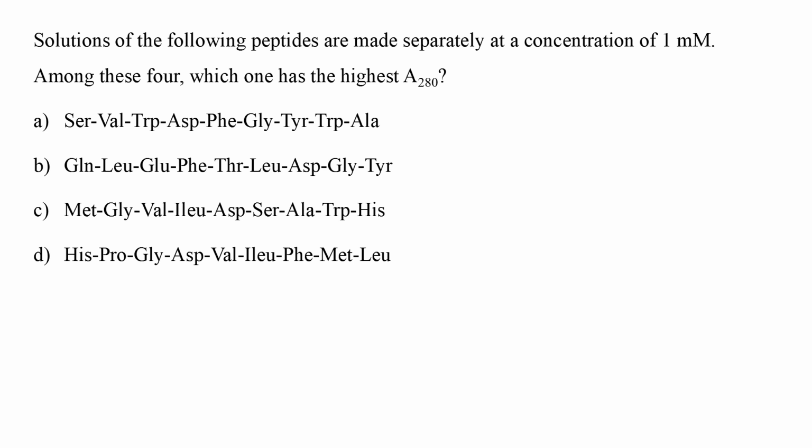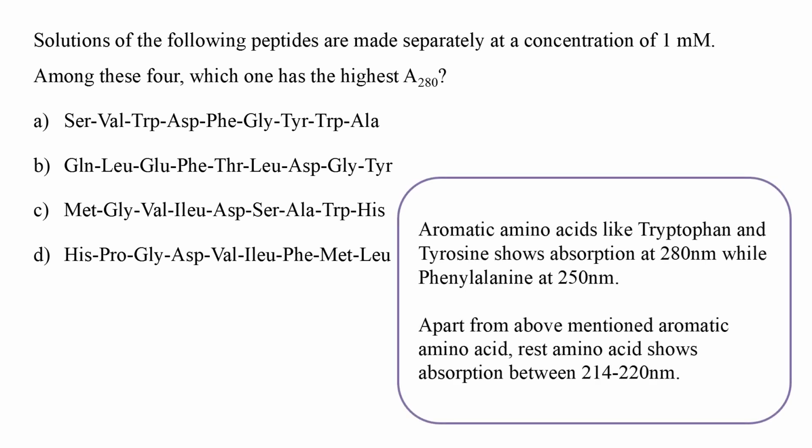Solutions of the following peptides are made separately at a concentration of 1 millimolar. Among these four, which one has the highest A280, that is the absorption value? So aromatic amino acids like tryptophan and tyrosine show absorption at 280 nanometer, while phenylalanine shows the absorption at 250 nanometers. So basically it is the aromatic amino acids that are responsible for the absorption in the protein solutions.